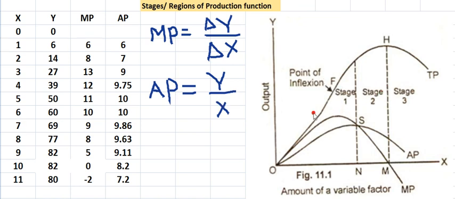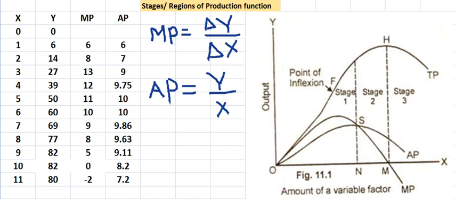A classic production function can be divided into three parts: stages or regions, or we can say zones, and each region or stage is important from the standpoint of decision making on efficient resource use in a particular production activity.